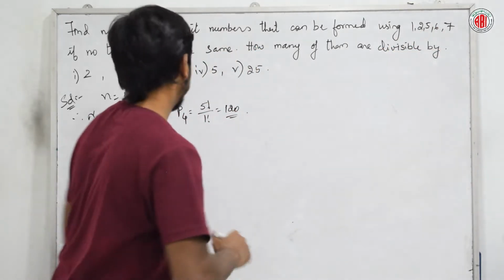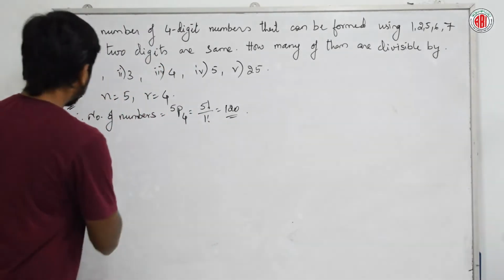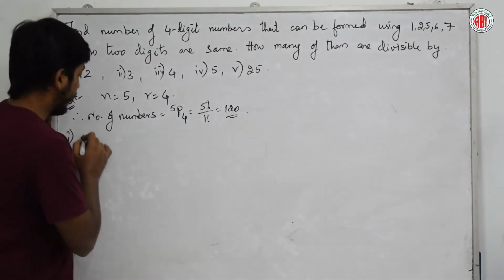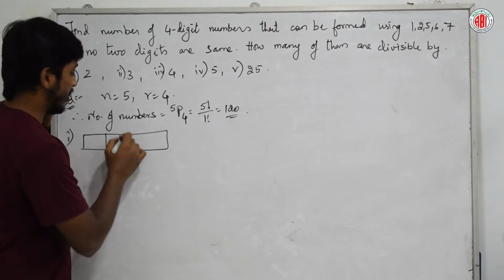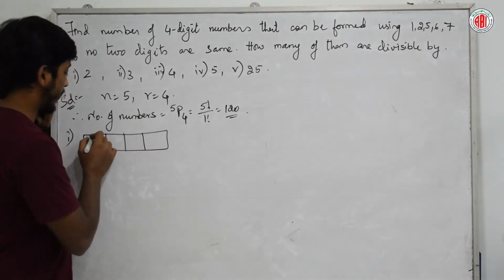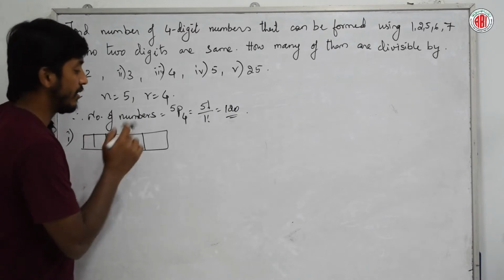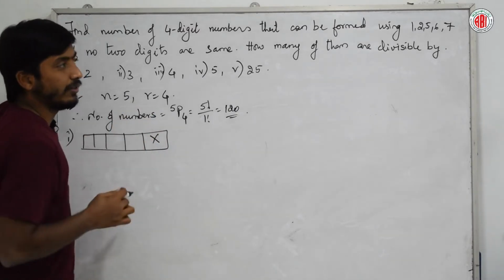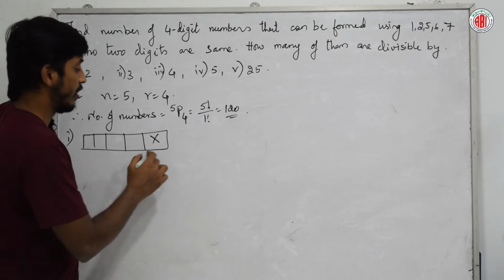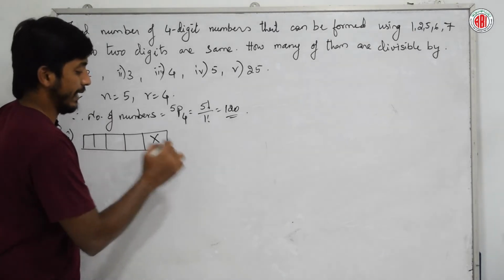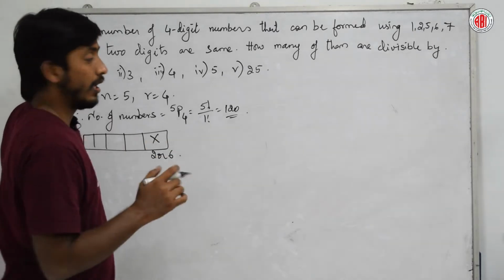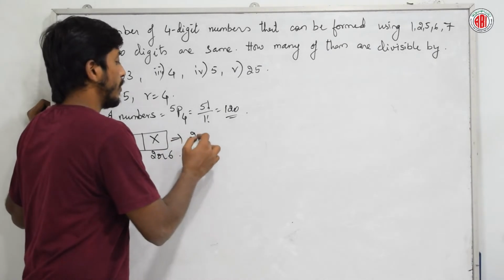Let me tell you. For the first question, I have 5 positions, 1, 2, 3, 4, 5. Out of these 5 positions, the 5th position is booked by which 2 digits? 2 or 6. So here 2 positions are fixed.